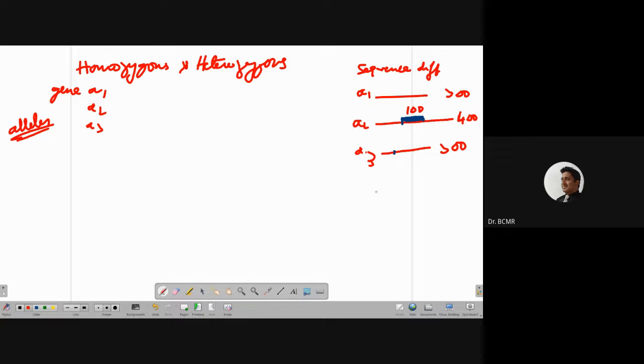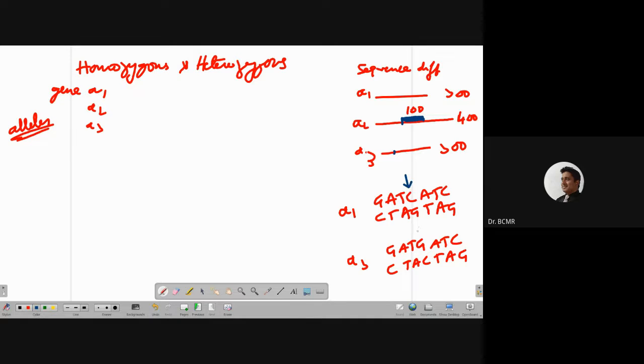Say, for example, if there are two sequences, I'll write the nucleotide bases. That's better. Say there is a sequence G, T, C, A, T, G, and its complementary sequence would be something like this. Assume this is allele A1, and A3 could be having something like C, T, A, G. The difference between A1 and A3 is in position number 4.